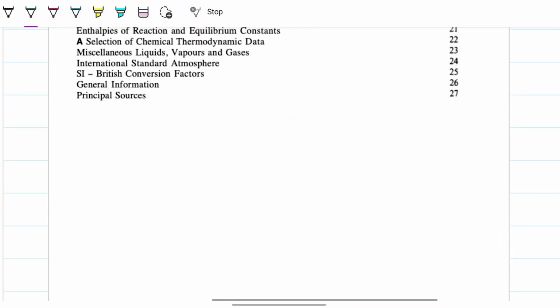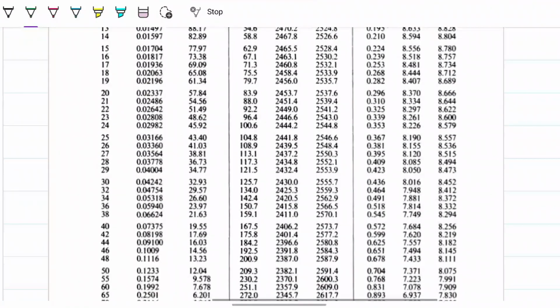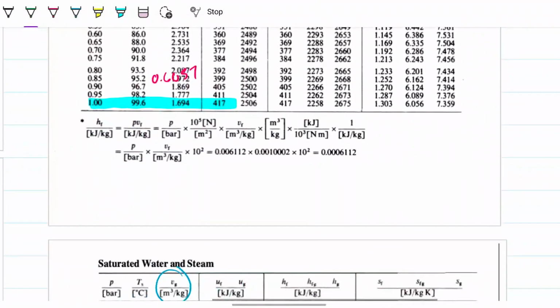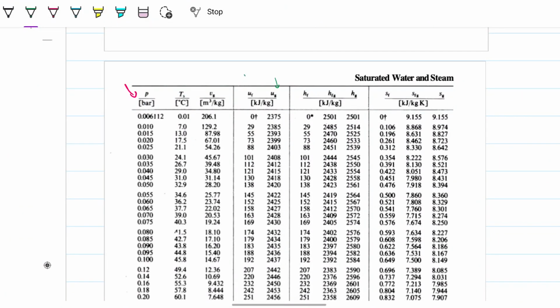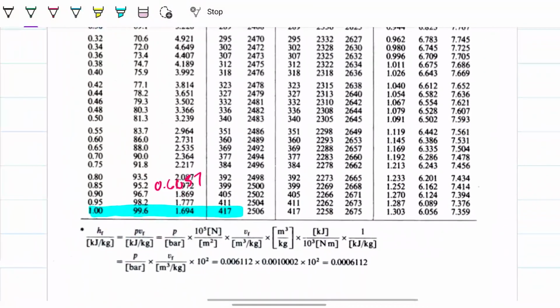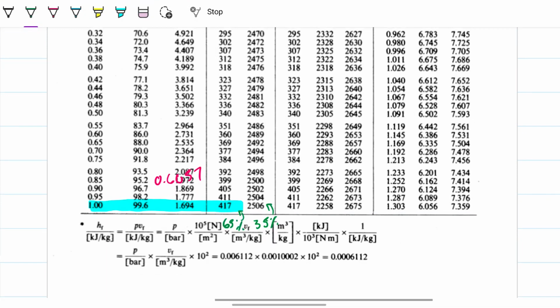What would you do on this table here? It's the same deal, nothing changes. Internal energy for the gas, internal energy for the fluid. So we're going to do 35% of this one and 65% of this one.